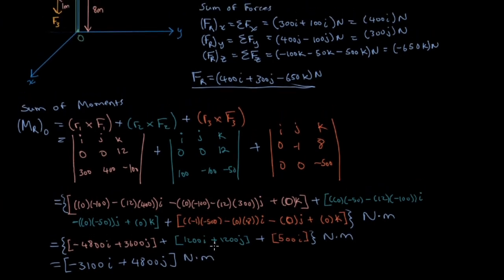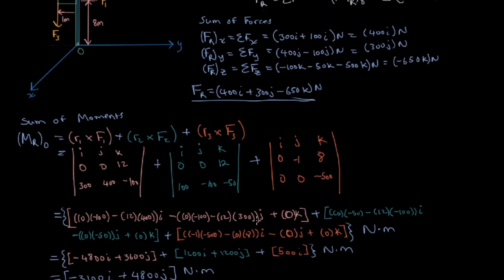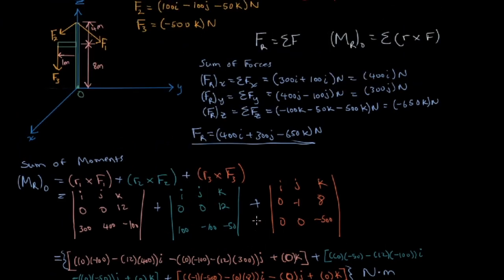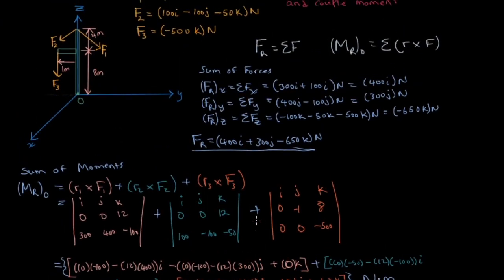So now the question becomes, how do we do this in an even shorter way? Well, take a look at this here. If you look up at F1 and F2, you'll notice that they both act at the same point. So what we can do is replace F1 and F2 with a resultant force, by summing up the vectors of F1 and F2, and then instead of doing 3 cross products, we would just do 2.